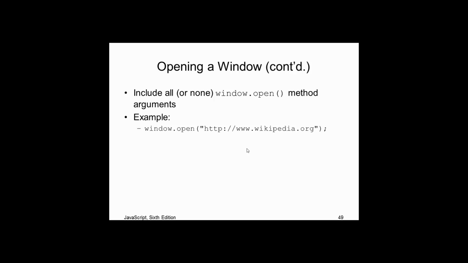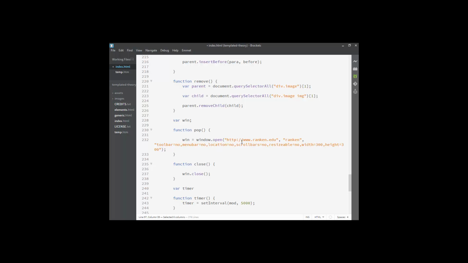Let me show you my code. Now, this is a little bit more complex because I made it that way. But essentially, you could call window.open and open up to rankin.edu. Give your window a name. And here on the third argument, you've got a bunch of options.